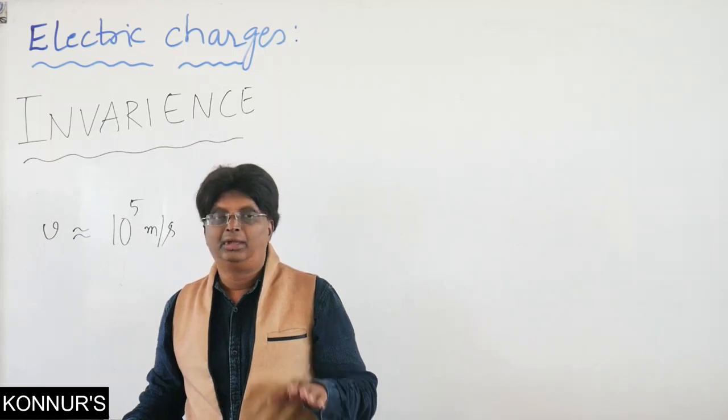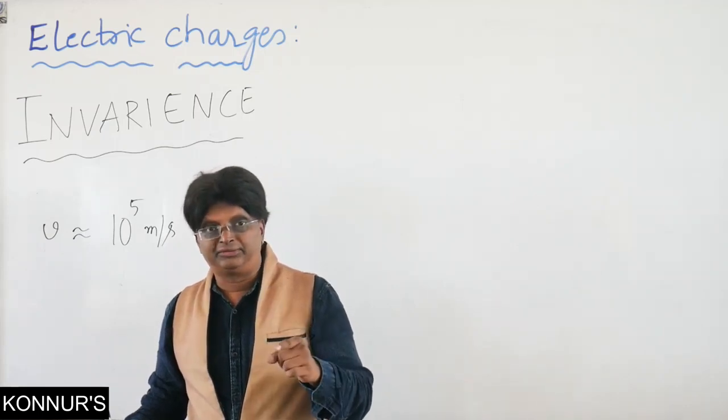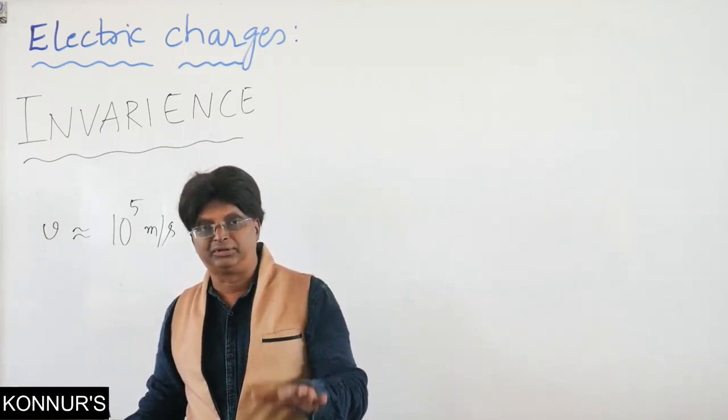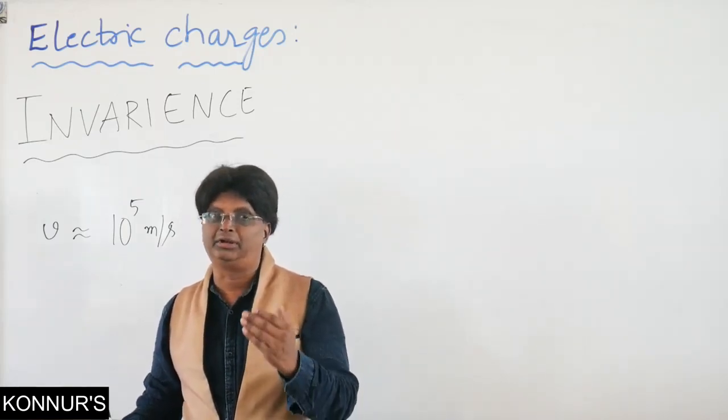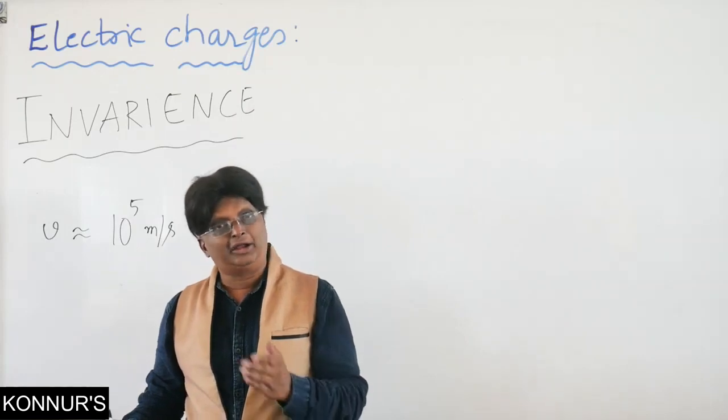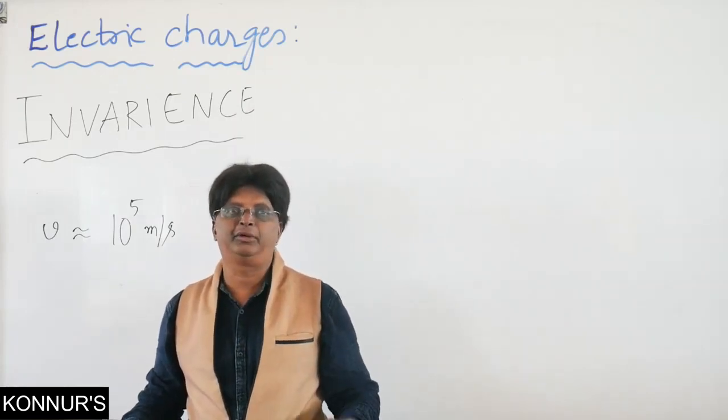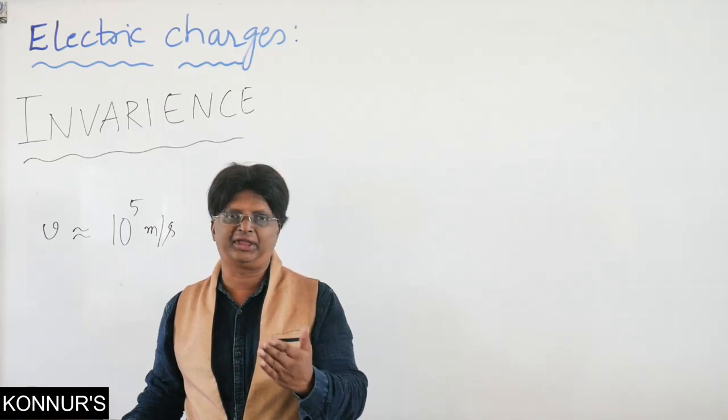Remember, as velocity of the particle increases, mass of the particle increases. But contrary to that, size of the particle will decrease. And also there is a relation corresponding to time as well, that is called time dilation.